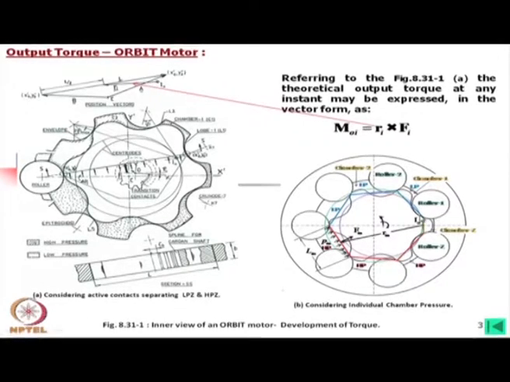If we consider these are the critical joints which are separating the high pressure zone from the low pressure zone, we may consider that on this side each chamber has equal pressure, which is high pressure. Here of course, I have considered that apparently this is in neutral condition. We do not know what the pressure history is.